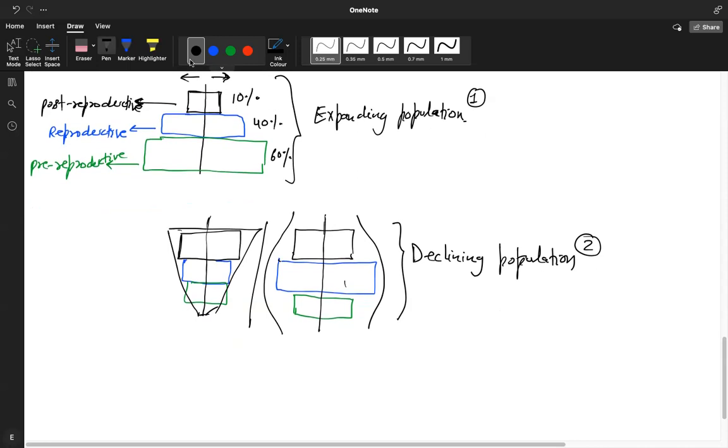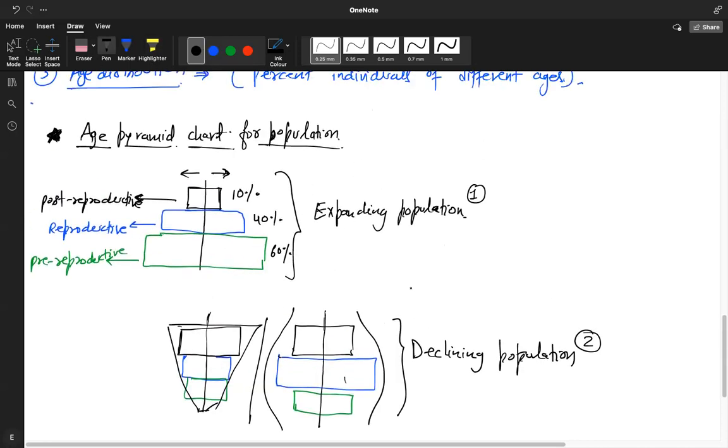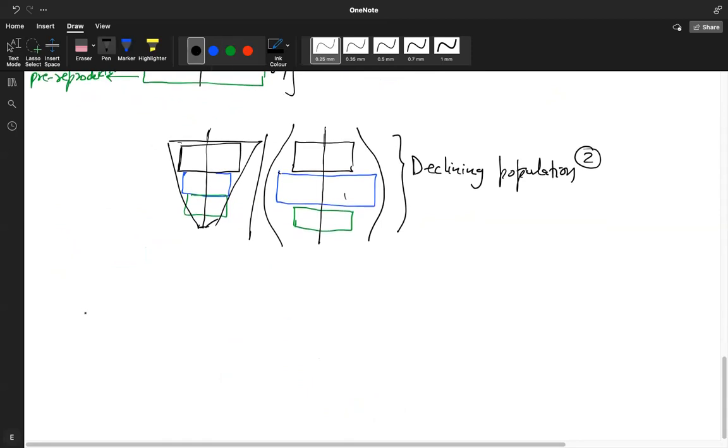Okay. And what will a stable population look like? Any idea? Again, post-reproductive can be equal, it's fairly distributed.